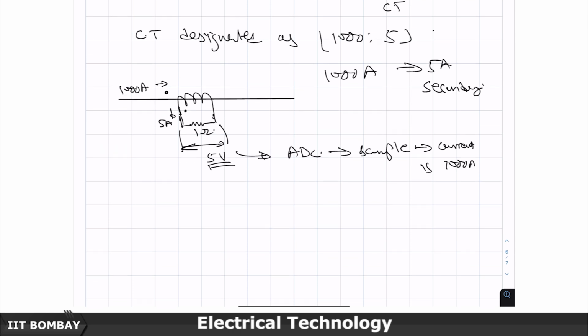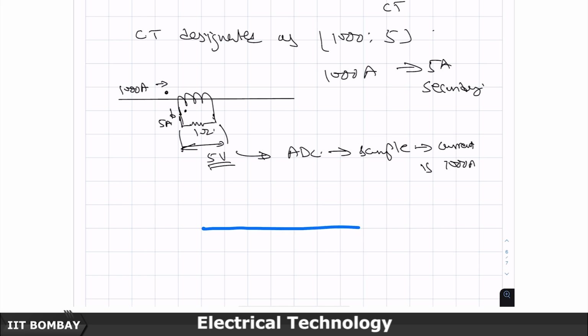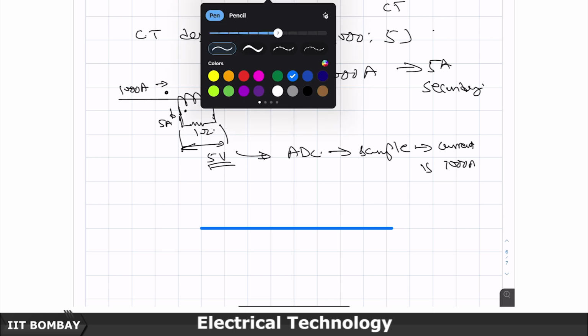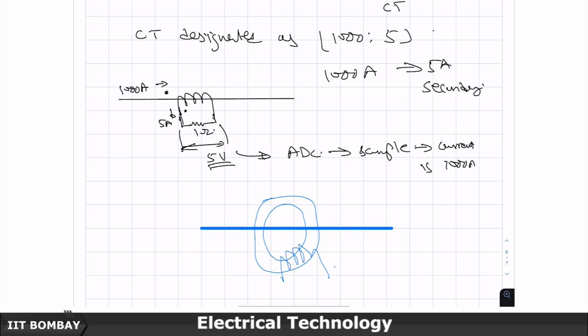Also, the way this device is built could be somewhat different from the construction point of view. For example, say this is my transmission line. I would have a core around it, a clamping kind of device or whatever you could think of, and I would have the secondary winding.